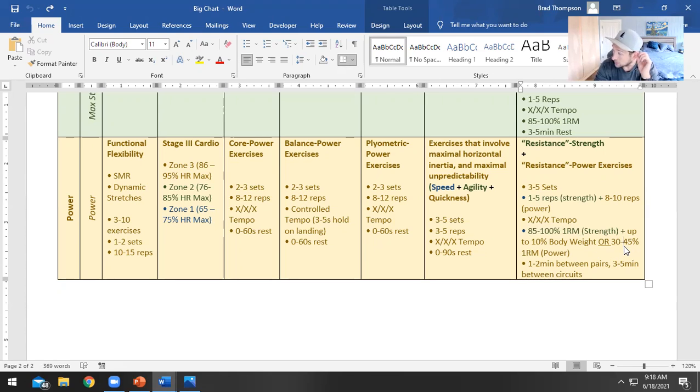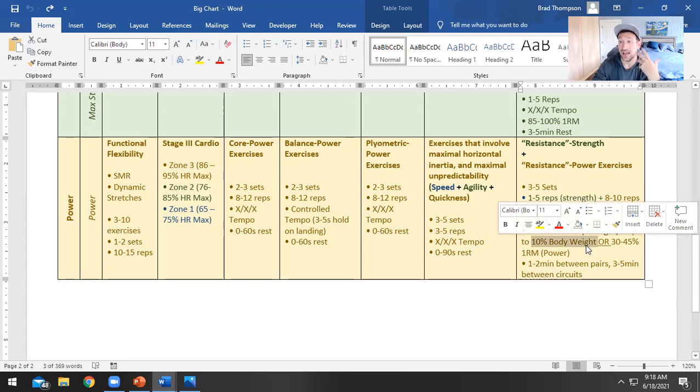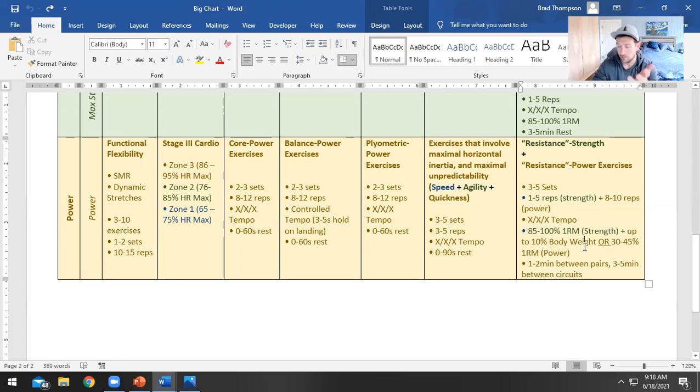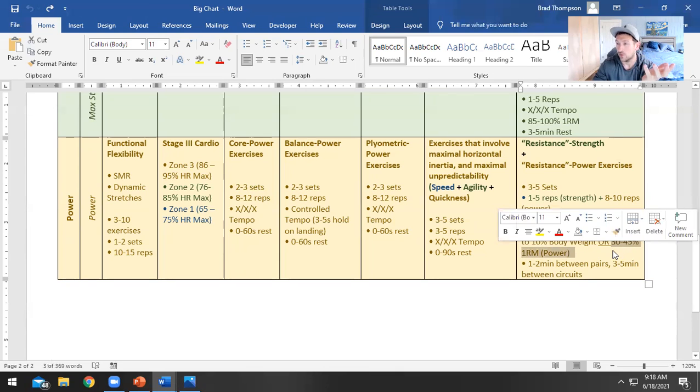So honestly, the most common version you're going to see is just up to 10% of your body weight, because NASM's all about specific power movements like box jumps, squat jumps, medicine ball throws, soccer throws, forward leaps, all that kind of stuff. But if you did like a kettlebell swing, right, which is a power movement that's very explosive and can be very heavy, you're going to pick about 30 to 45% of your 1 rep max.